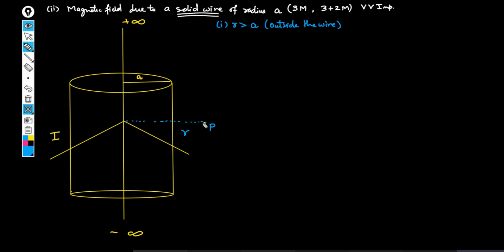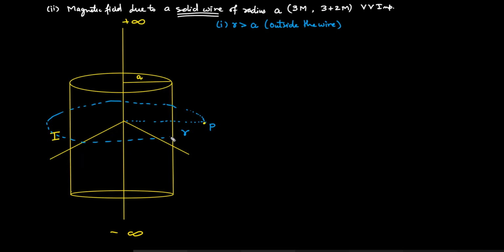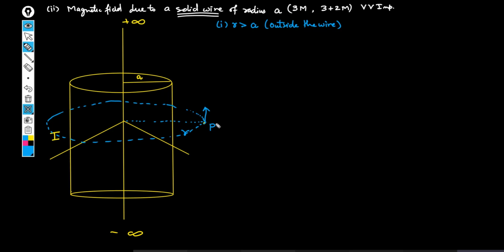Again for this we will consider an Amperian path, which will be a circular path. Here we will take the magnetic field. If current is vertically upwards in the wire, the magnetic field will be inside the plane, and the length element dl is parallel to the magnetic field, so theta will be 0 here.